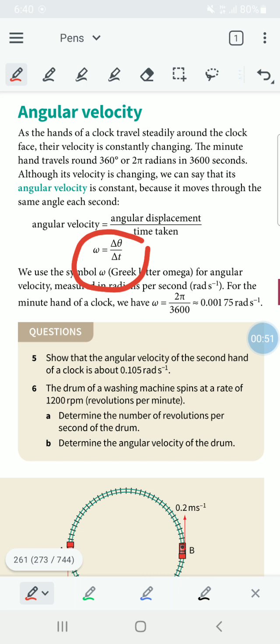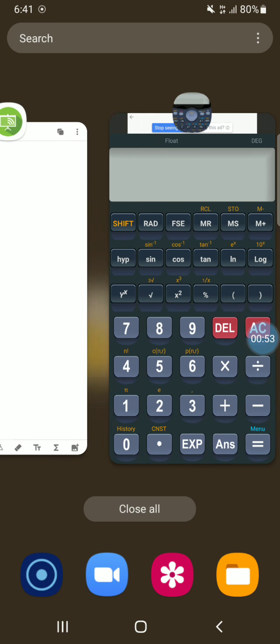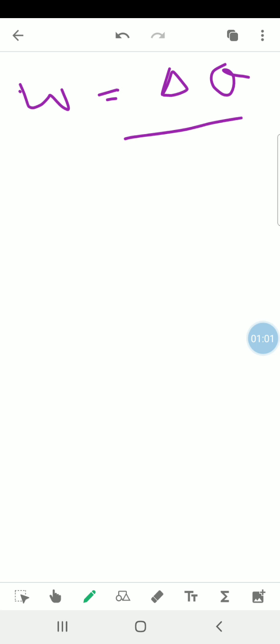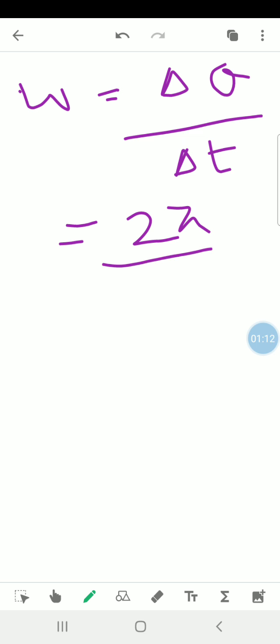This is a second hand of a clock, right? So we have the equation omega equals delta theta over delta t. Then delta theta is 2 pi, that is 360 degrees, in 60 seconds.